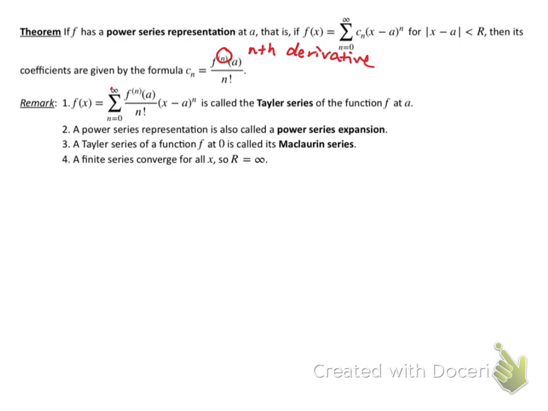For infinite series, we don't know if it converges; we have the three choices, either just at a, or you have a number, or it's infinity. We don't know for infinite series, but if it's a finite series, then r equals infinity for sure.